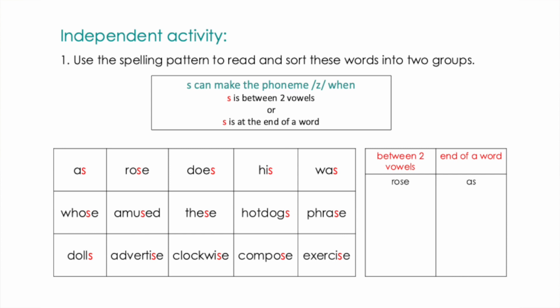So have one column where it is making Z between 2 vowels and another column where S is making Z at the end of a word. That's your task at home.